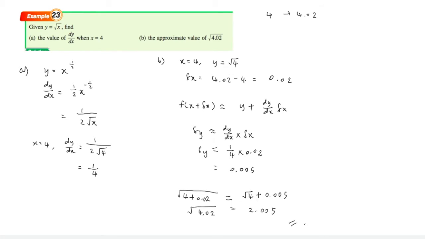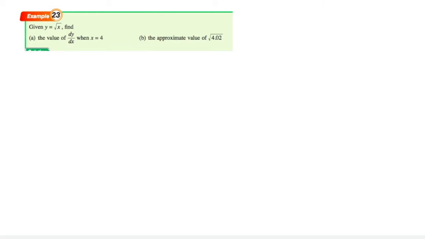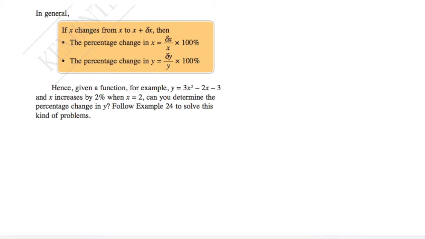Okay? Next. Okay, in general, if x changes from x to x plus delta x, the percentage change in x is delta x over x times 100%, and the percentage change in y is delta y over y times 100%.